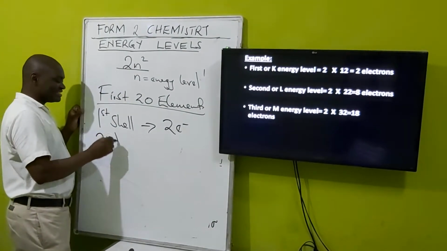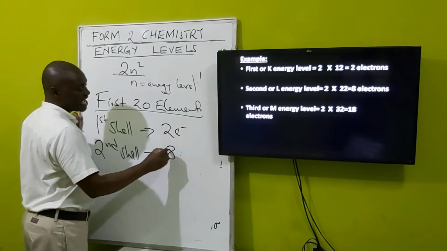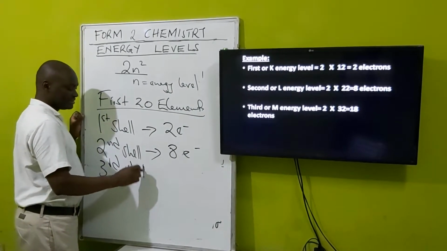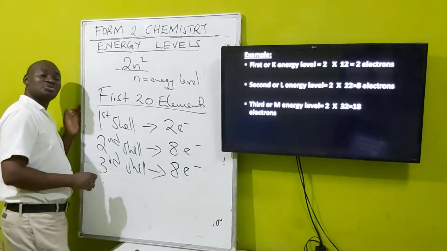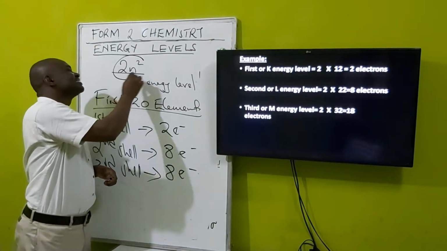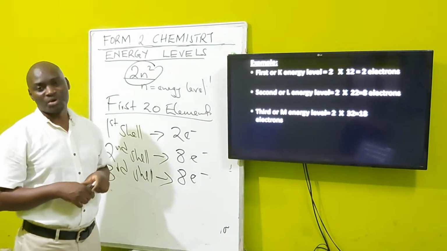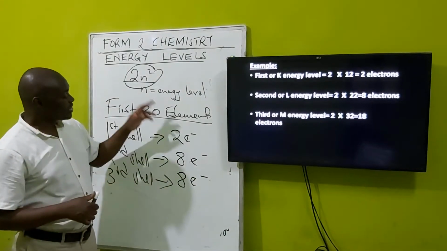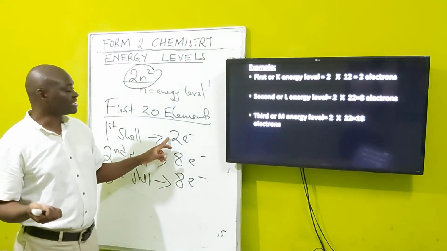The second shell can carry a maximum of 8 electrons. The third shell can carry a maximum of 8 electrons. So this is what we are going to follow. We are not going to follow the 2n squared rule because we are dealing with elements with fewer protons and fewer electrons. So we are going to follow this rule where the first energy level can accommodate a maximum of 2.